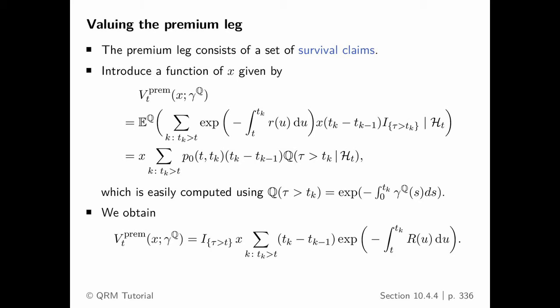Suppose that at the valuation date, the firm has not yet defaulted. That's the spread. And then I have to sum over all premium payment dates in the future. And I have to sort of discount with this artificial interest rate to take into account that the premium payment is only due if there is no default.